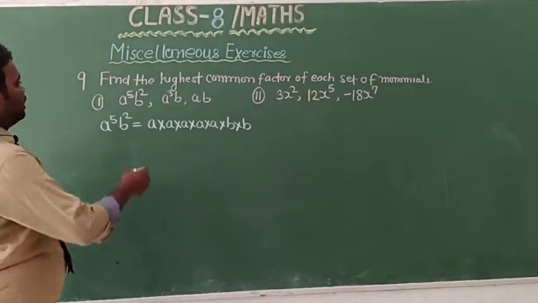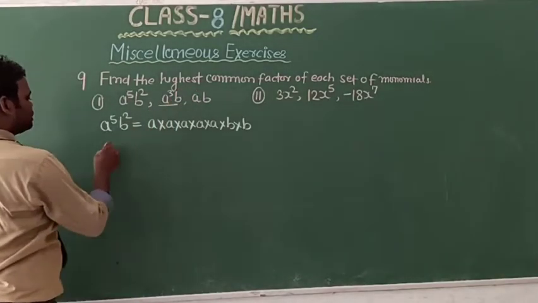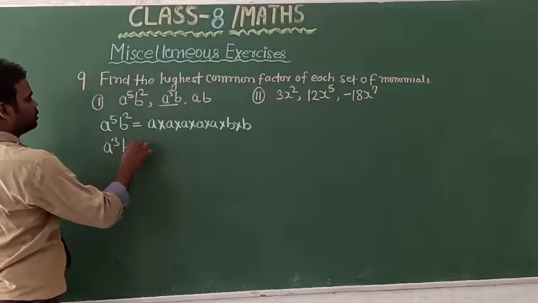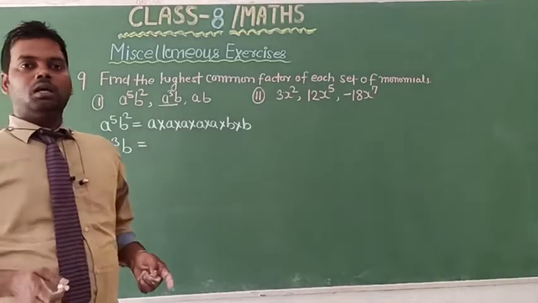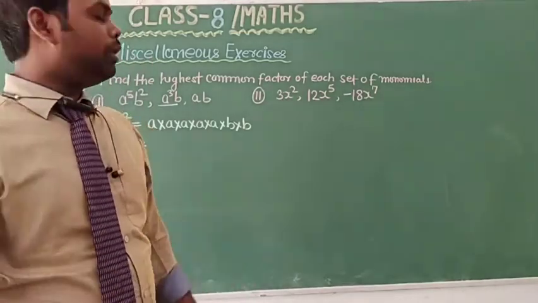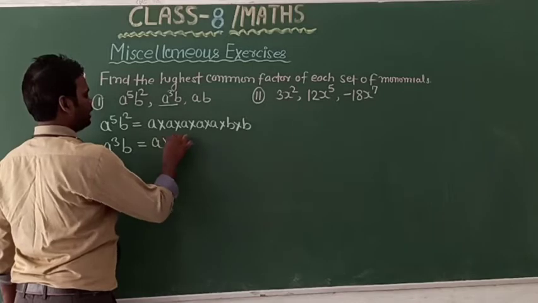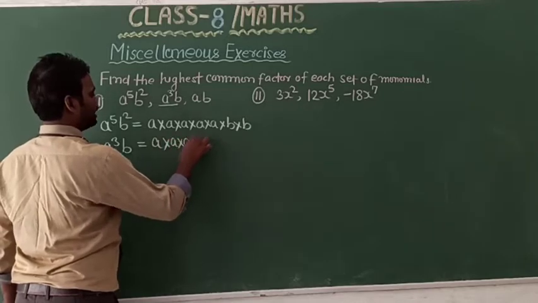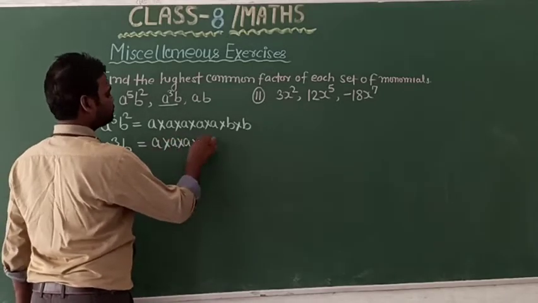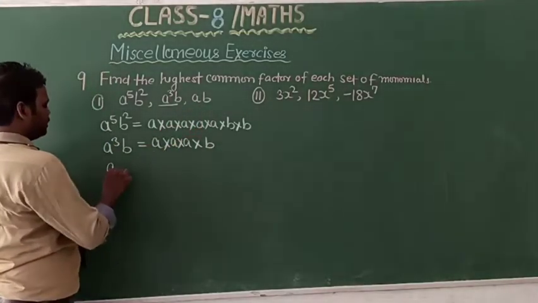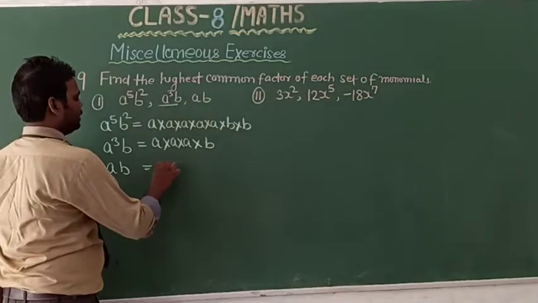And a to the power 3 is also written as the product of a into a 3 times. And ab is written as the product of a into b.